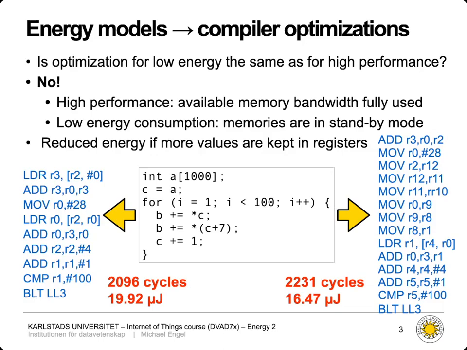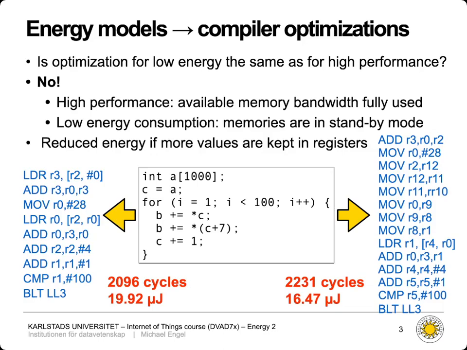And if they are not used for quite some time, we can put them in a sort of standby mode where they only retain their contents but don't use a lot of energy. So we can deduce, if we keep values in CPU registers, so internal to the CPU, then we would save energy because we wouldn't have to load them from memory or store them into memory.